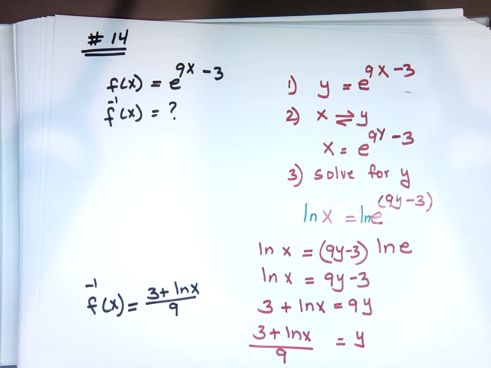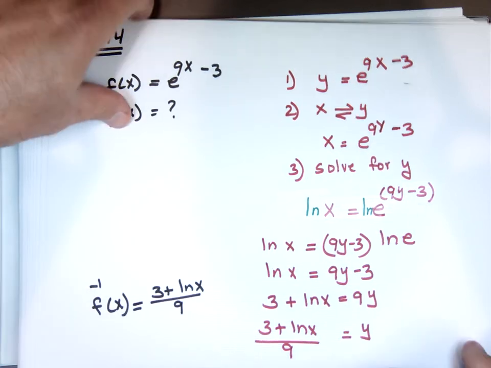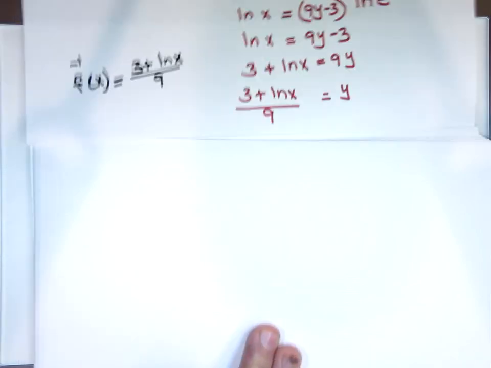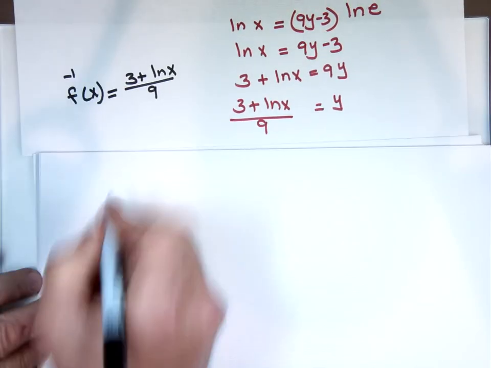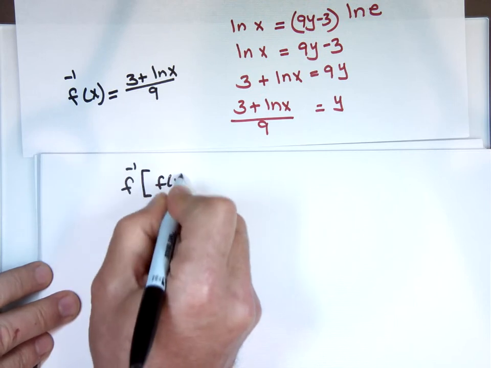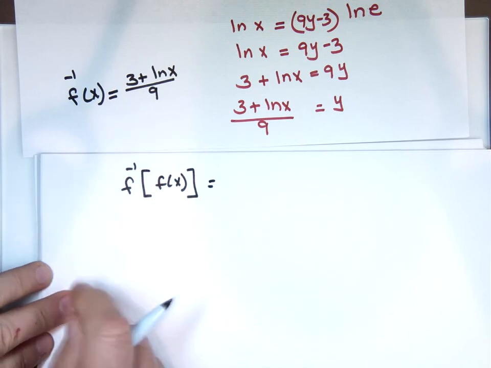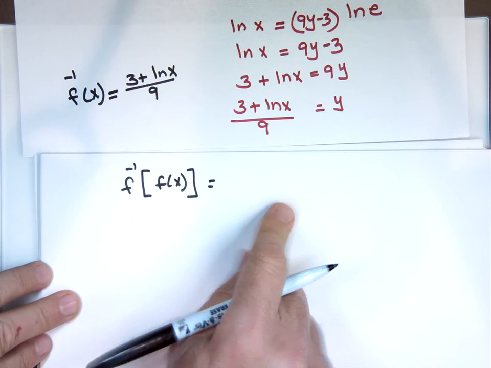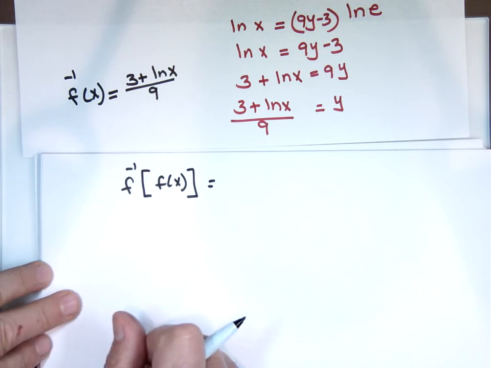Again, if you want to prove to see if you did it right, take f of the inverse or the inverse of f and see if the answer is x. Last time I did f of the inverse, so I'll do the inverse of f here. If the answer is x, they are the inverse of each other. Well, f of x is what?